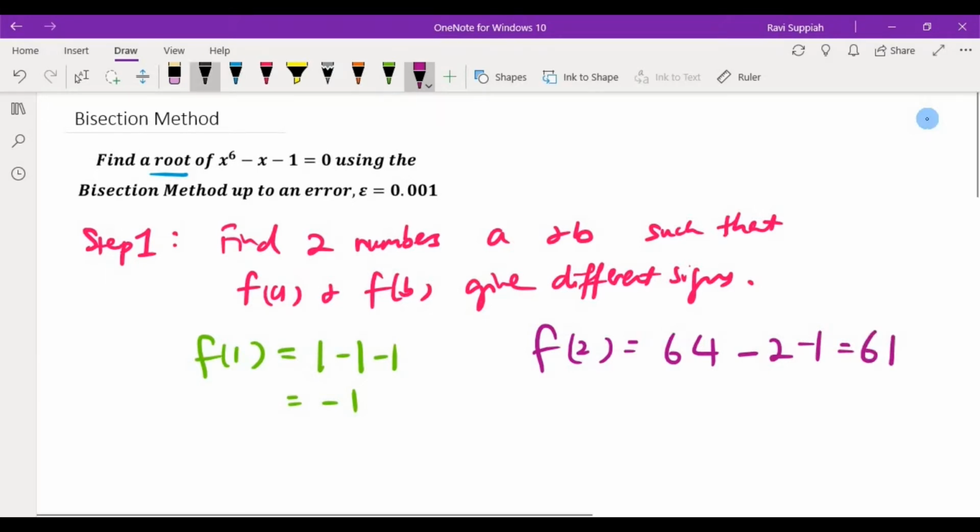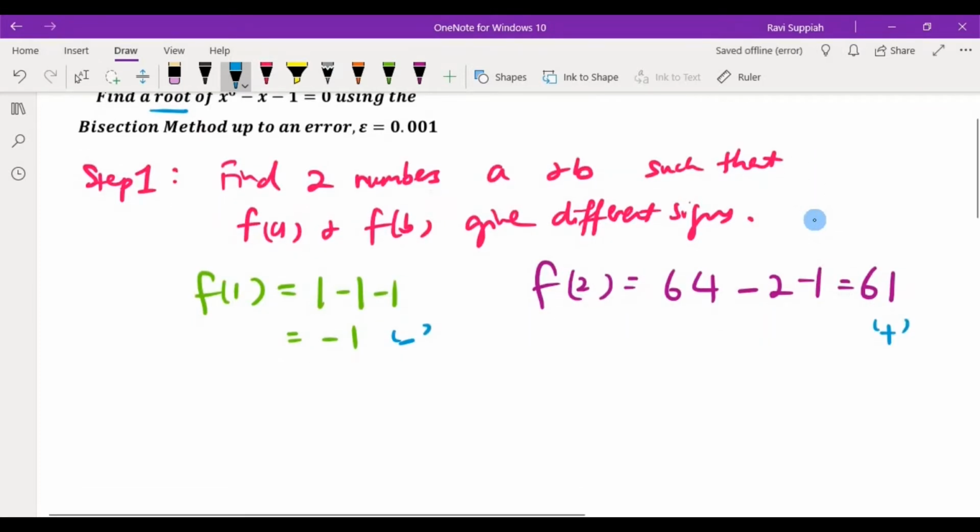As you can see, on one side I have a negative number, the other side I have a positive number, which means that if I were to draw the curve, at the point when x equals 1 and the point when x equals 2, there is a crossover from the negative side of the curve to the positive side, from 1 to 2.